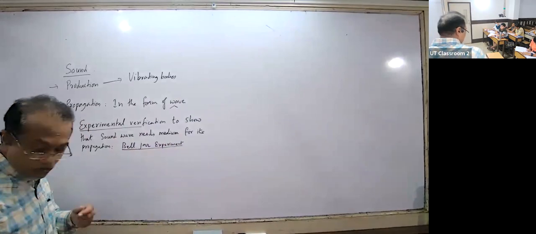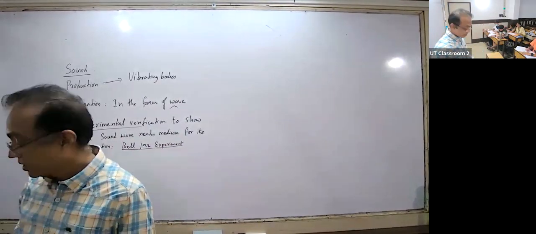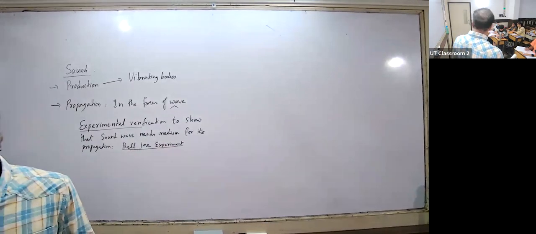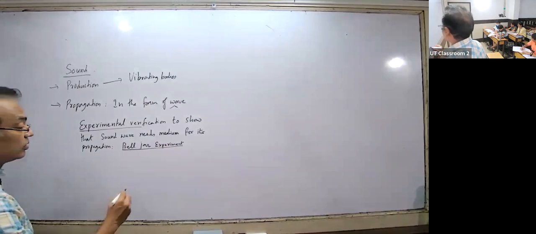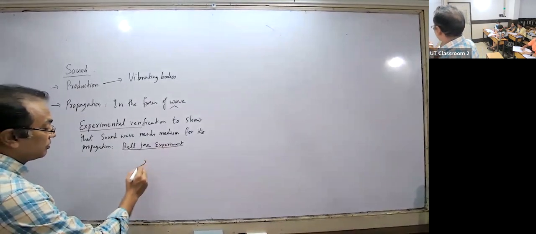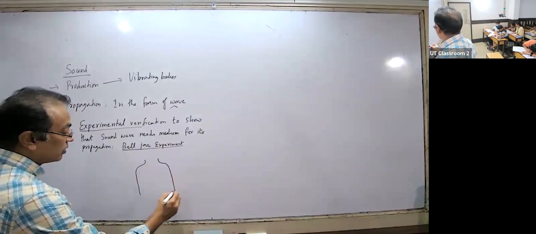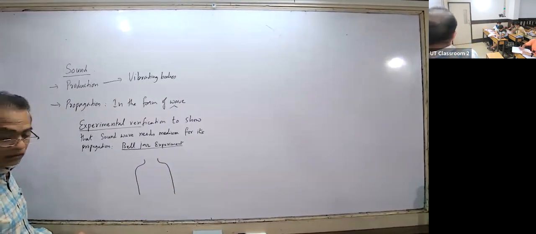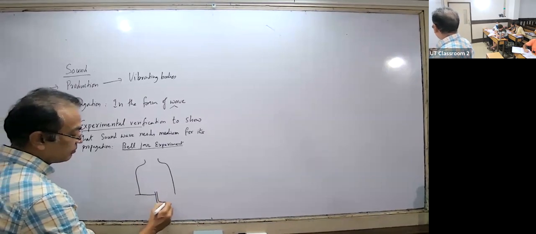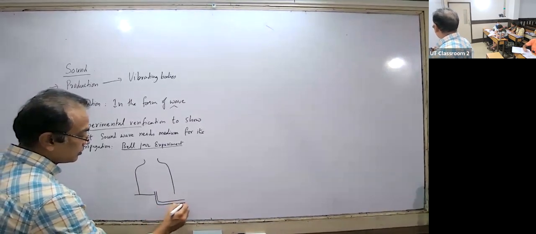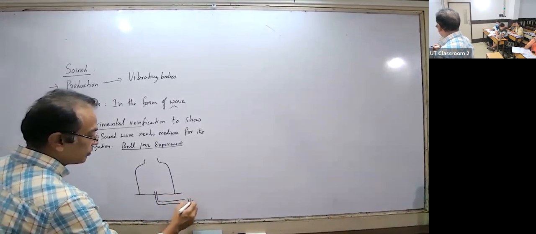Right? So you can see the diagram, figure 12.6 in your book on page 162. Right? So what you have here is a glass jar, right? In which there is a pipe fitted to a vacuum pump.